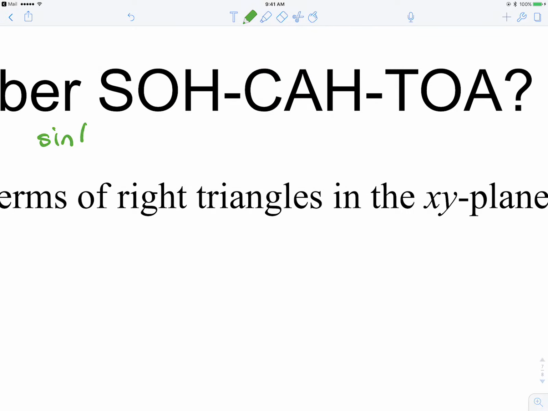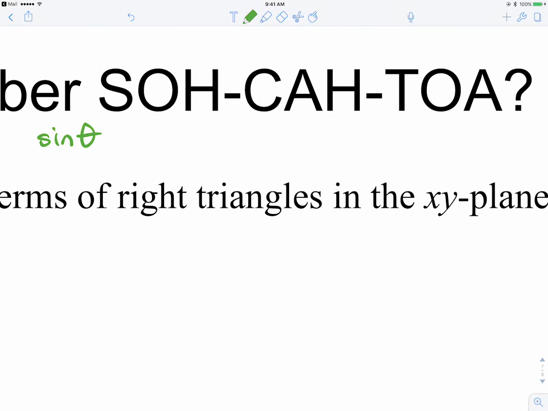So sine of the angle theta, have you guys seen theta before used for angles? Yeah, it's a Greek letter, and we're going to use it a lot to represent an angle. So sine of theta is equal to, SOH, so that's opposite over hypotenuse: the side opposite the angle theta over the hypotenuse of the right triangle.